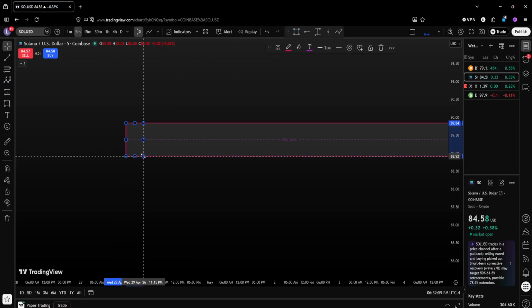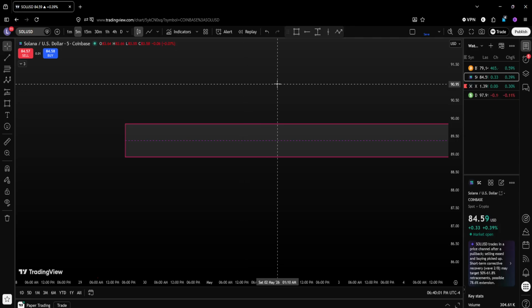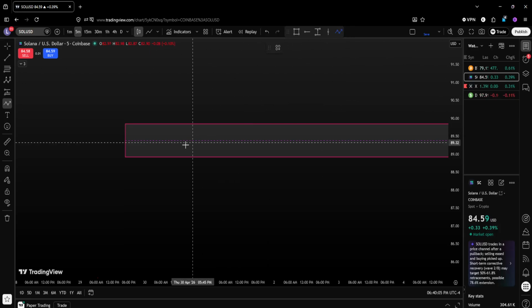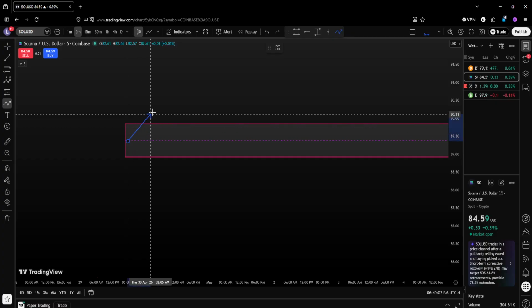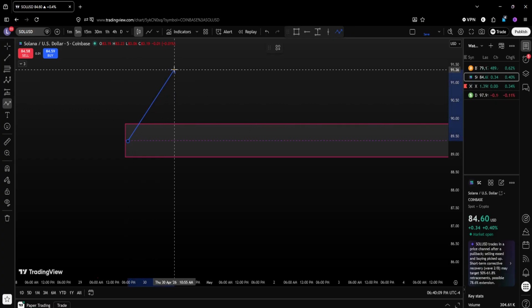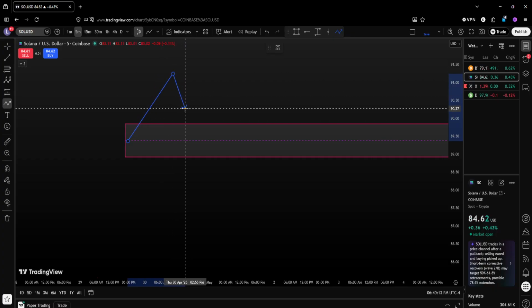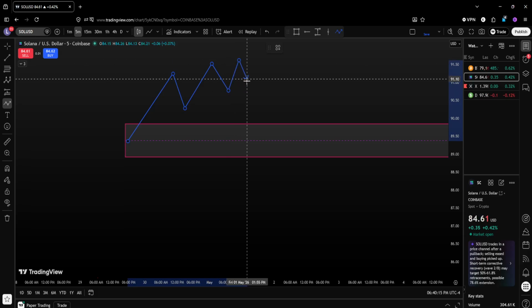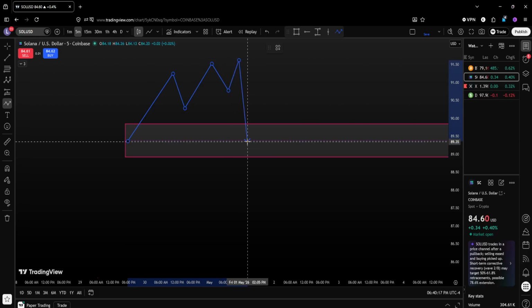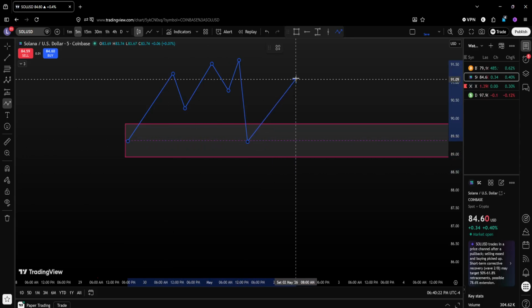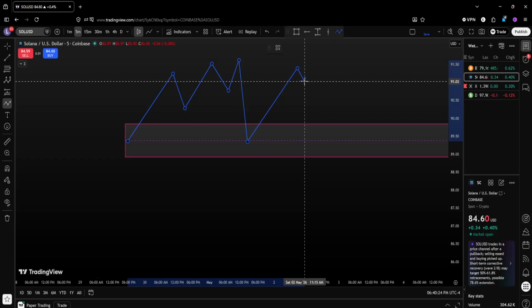So let's say we have a level in the price, right? Price left the level from when it was moving all over the place. Price is going up, price goes into this level, goes back up.